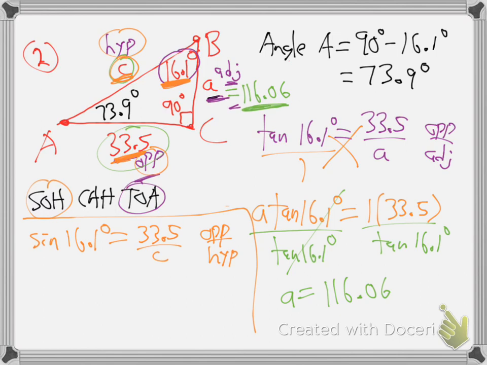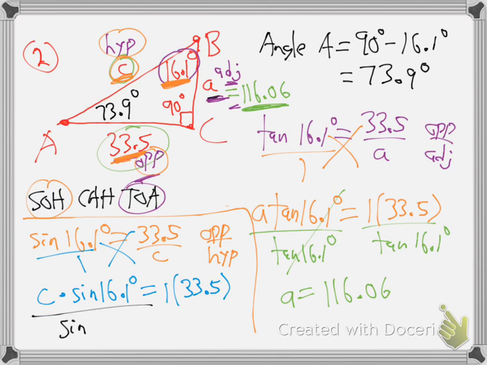And we solve. Same thing, right? Put it over 1, cross multiply, diagonal. C times sine of 16.1 degrees is 1 times 33.5. Last step to get C alone: divide by the sine of 16.1 degrees.